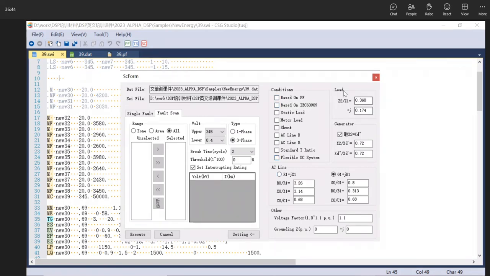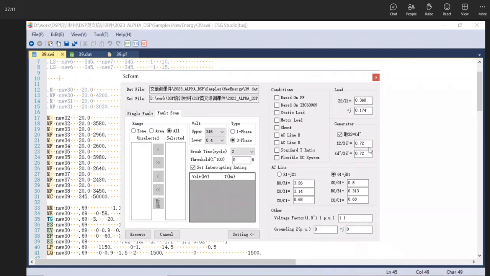This part is load, and it's a default value. It means if I don't write the negative sequence component of the impedance of load, it will calculate by these equations. It's also called the coefficient.